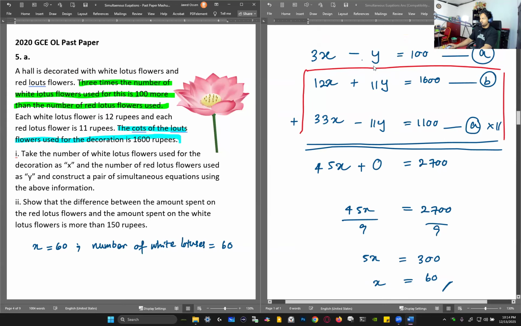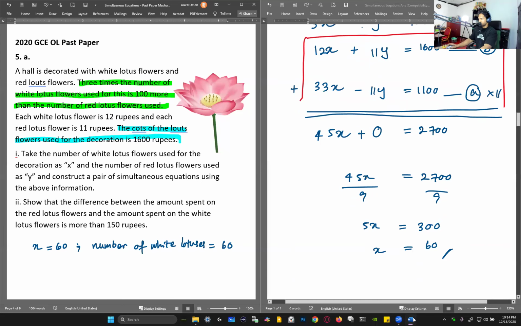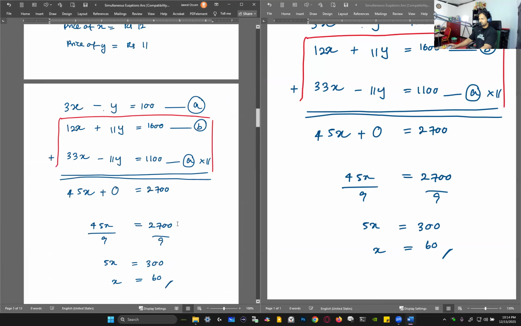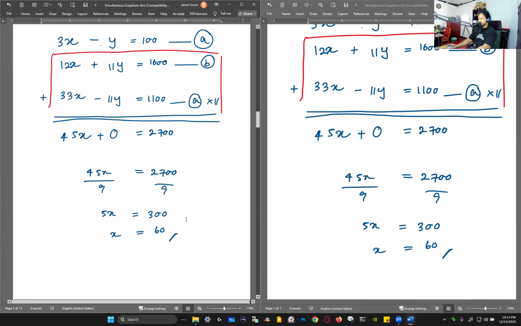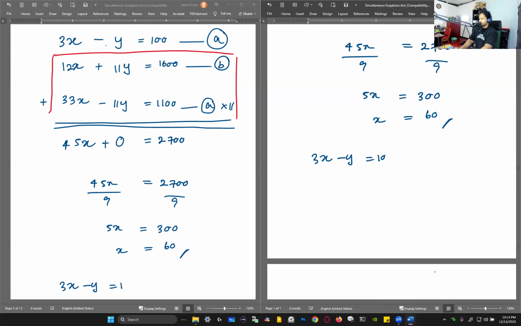So now I can use the first equation. Lo and behold, Miss Fatima. Zoom in a bit. 3x minus y equals 100.